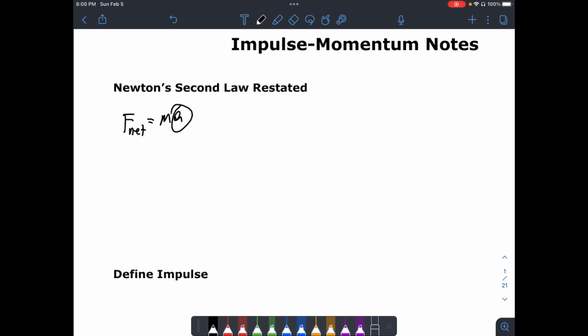So we know that acceleration can also be written as our change in velocity over change in time. So let's bring that down. And we have our net force is equal to our mass times a change in velocity over our change in time.